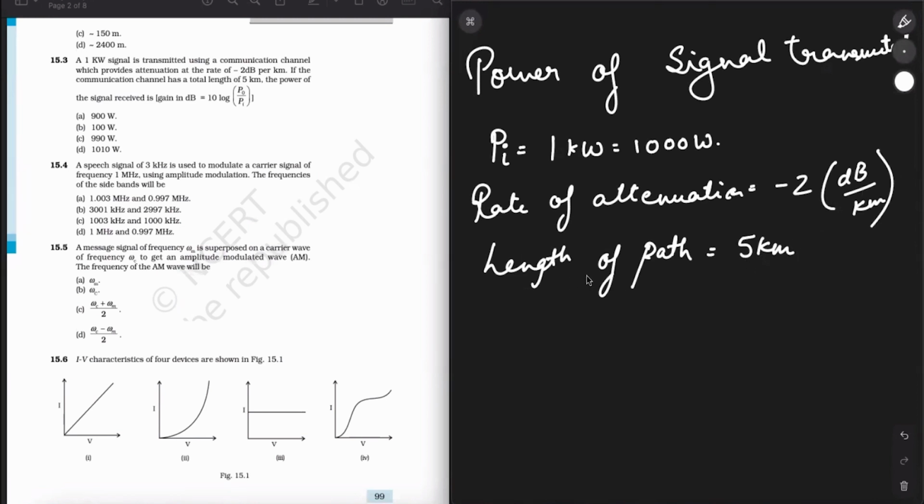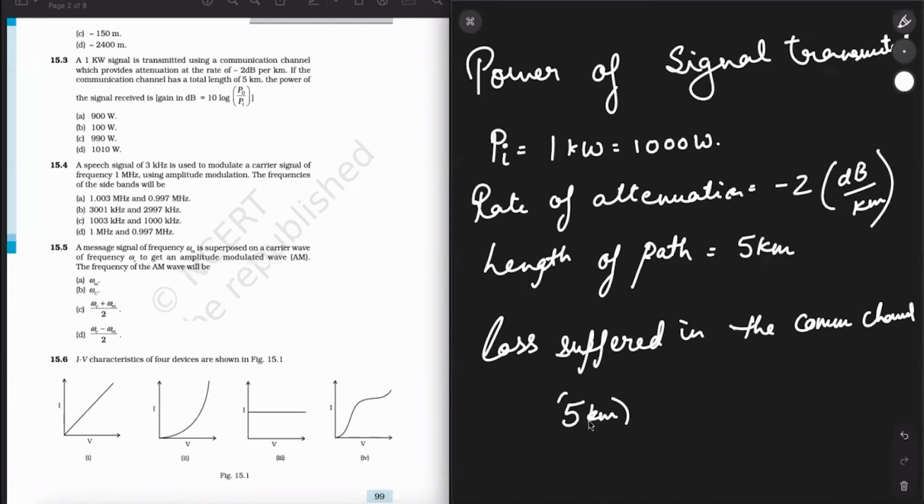Since the attenuation is given and the length of the path is given, I can talk about the loss suffered in the communication channel. So loss suffered in the communication channel will be 5 kilometers multiplied by -2 decibel per kilometer.